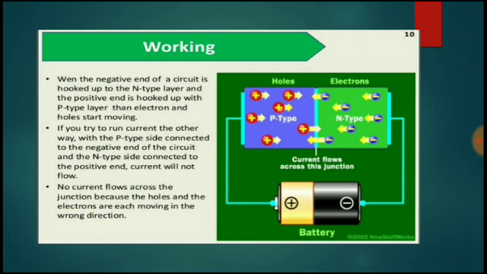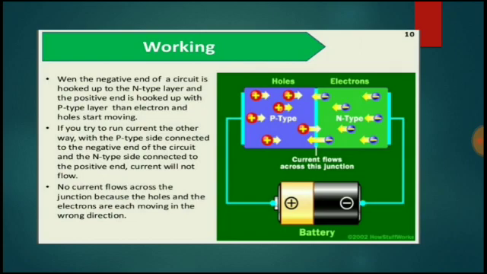That time the diode is under reverse bias condition, that's why there is no current flow inside the diode. No current flows across the junction because the holes and the electrons are each moving in the wrong directions, because you apply the voltage in the opposite direction, there is no current.